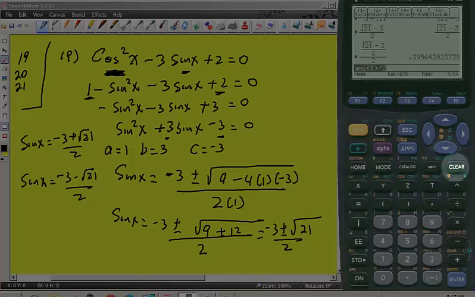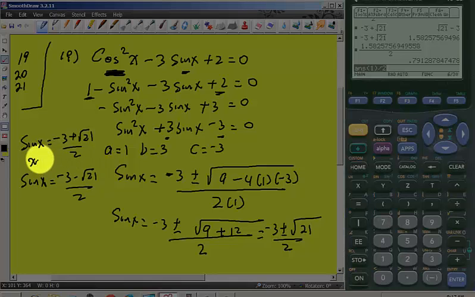Nope, let me do it again, messed up. So, negative 3 plus rad 21. Okay, close my parentheses, enter, let me approximate that. Okay, and then divide that by 2. And this turns out to be x is equal to approximately 0.791. Check my answers, please.